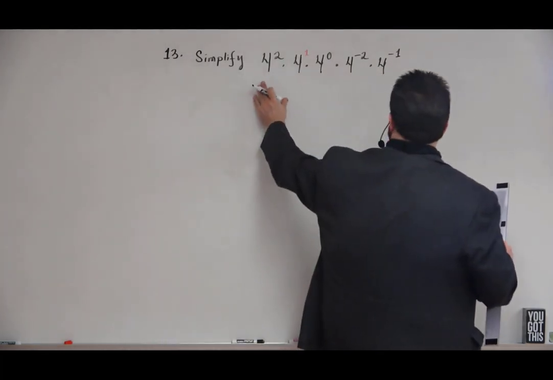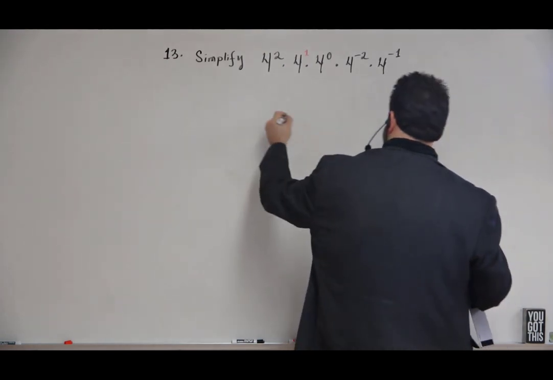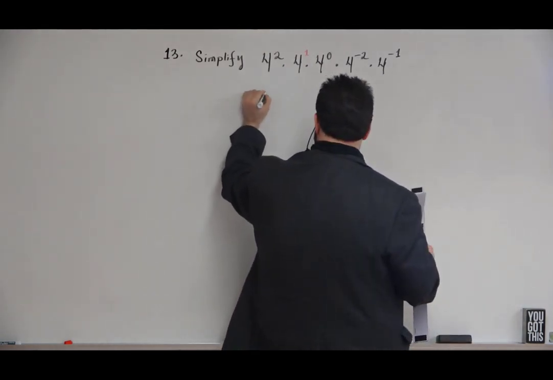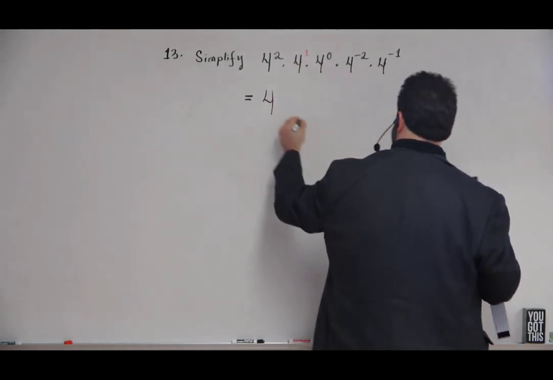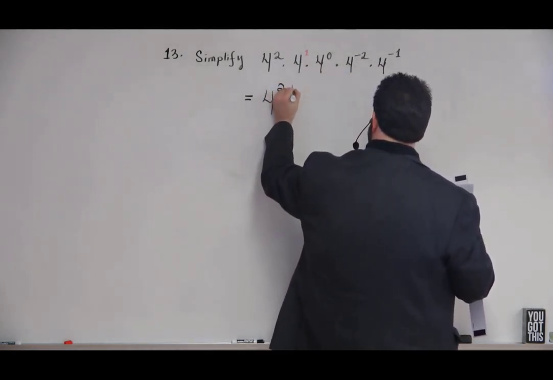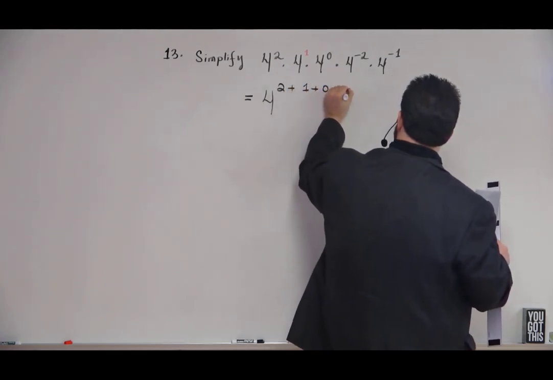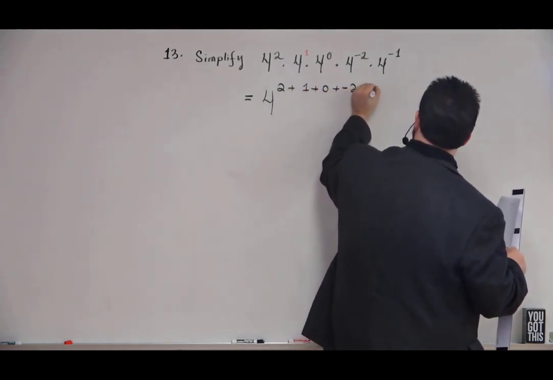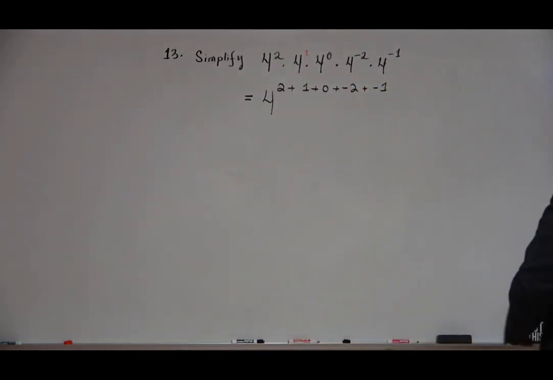What that means is because all these bases are the same, see they're all 4s, then we can just write one 4 like this as a base and add all this up. And we're going to write it like this: 2 plus 1 plus 0 plus -2 plus -1. So that's actually the problem we have to solve.